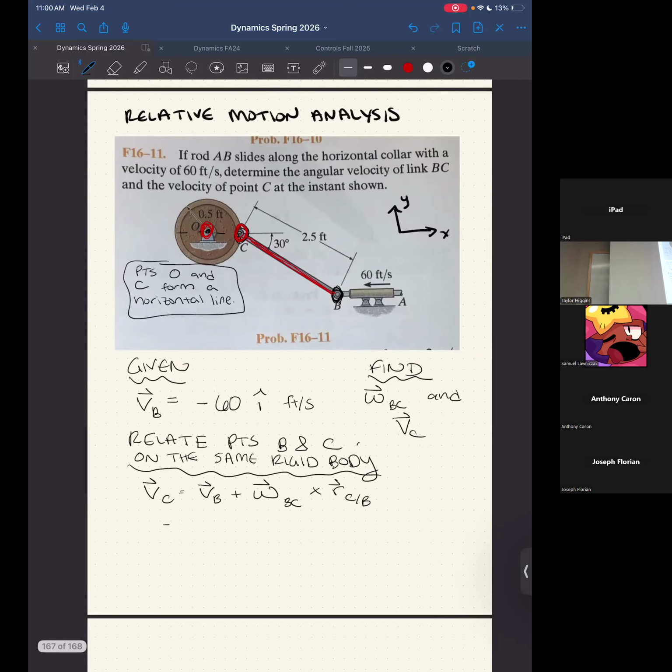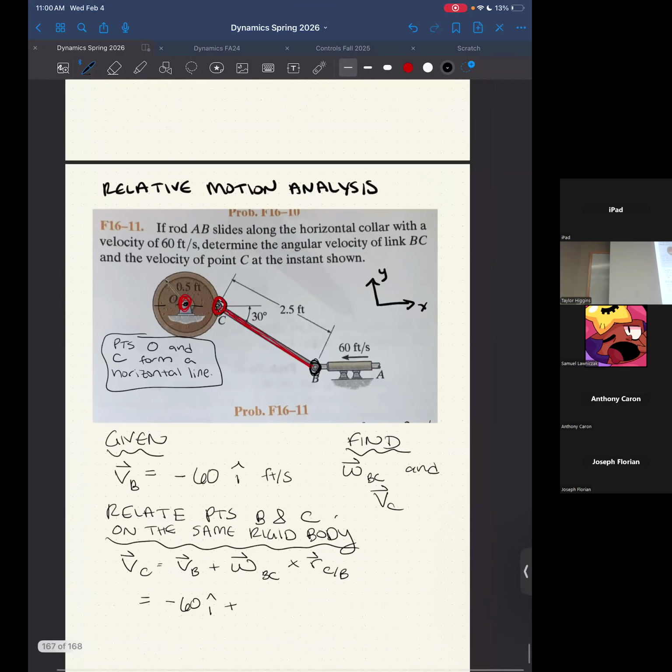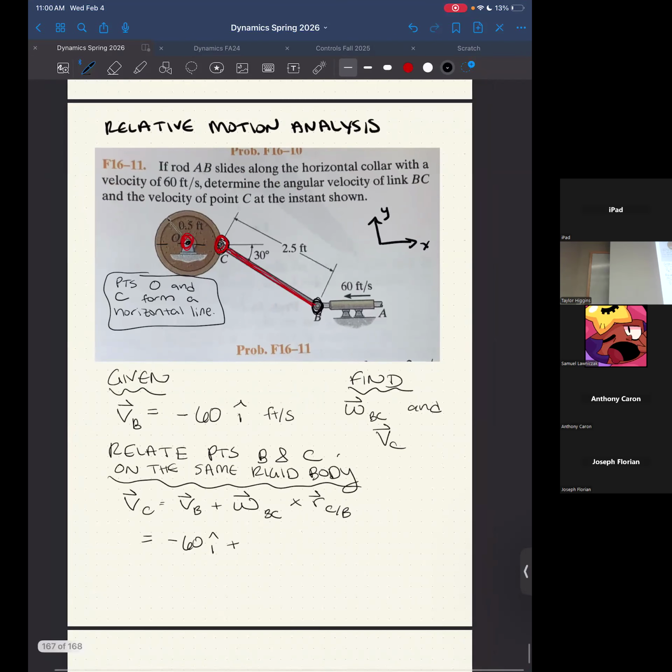Let's see. Okay, so I can write velocity of B is given to me in the problem. That's minus 60 i hat plus omega BC, which is what I'm being asked for, so I certainly don't know what it is. But this is a two-dimensional problem, so I know it goes about which direction. K hat, yeah. Omega BC k hat.